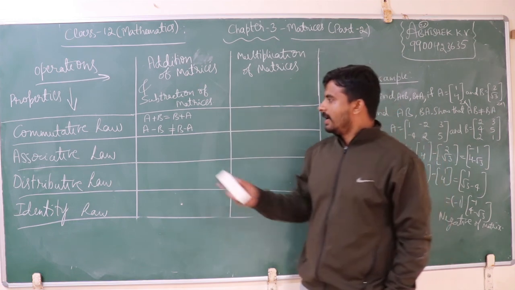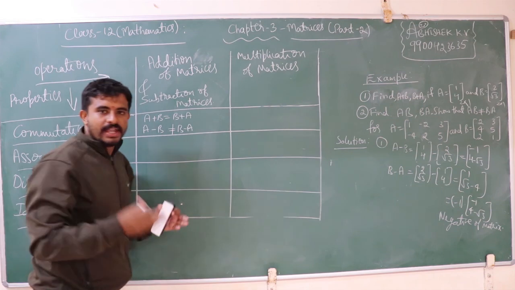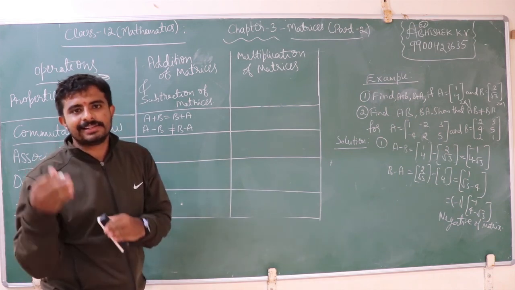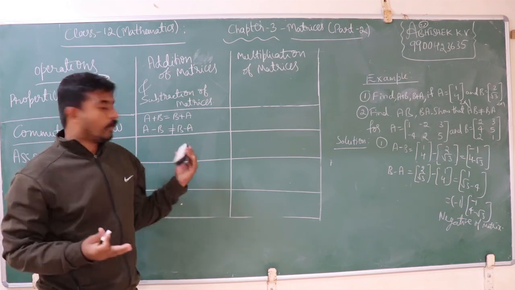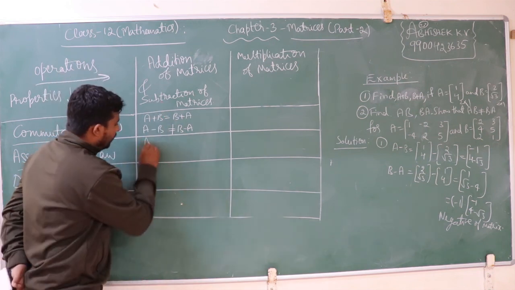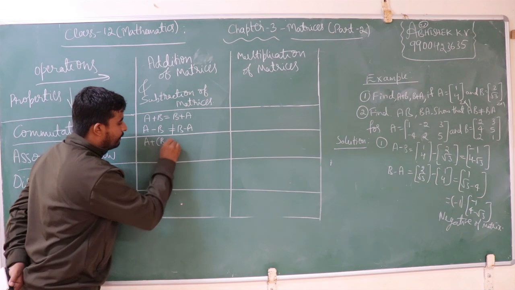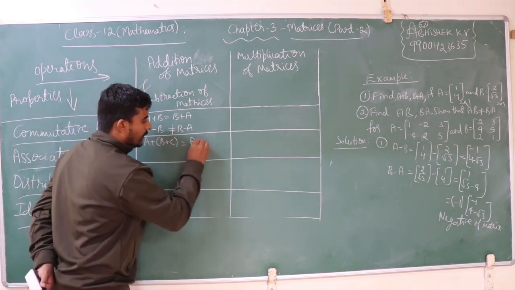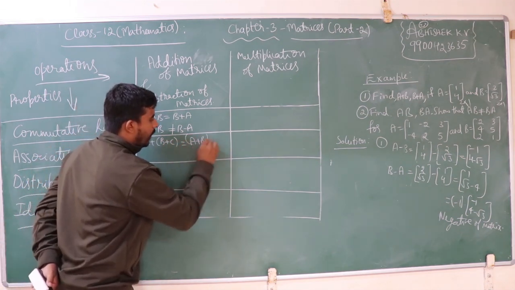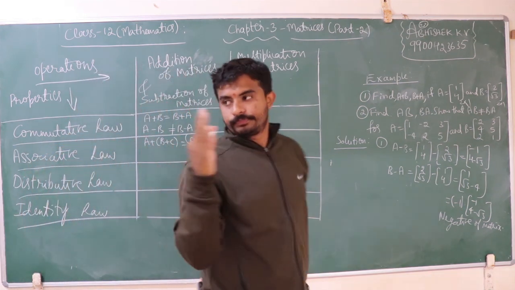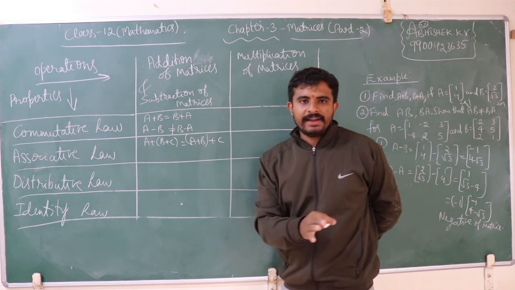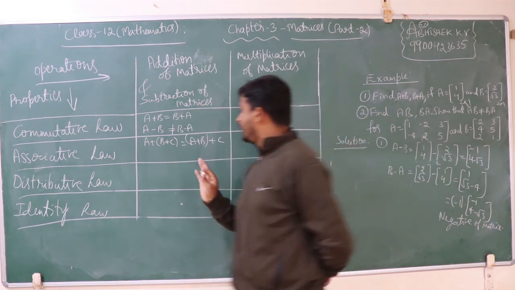Is it clear? Then, similarly, the associative law. A union of B union C is equal to A union B union C. That is for union. What about for addition? A plus of B plus C is equal to A plus B plus C. Therefore, the associative law holds for addition of matrices, but for subtraction of matrices it does not.